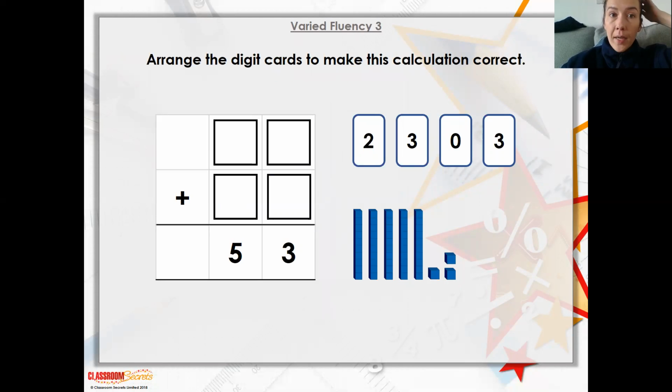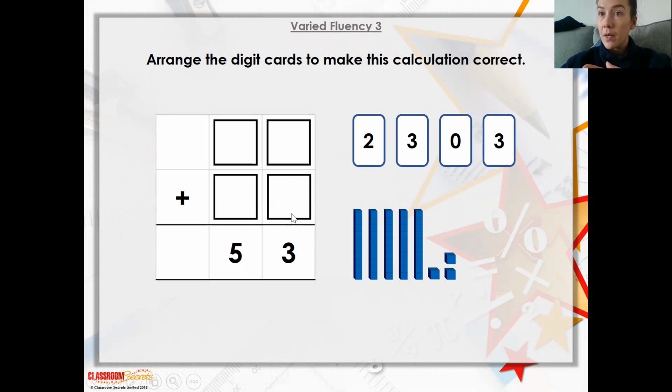Okay, arrange the digit cards to make this calculation correct. Right, interesting one. So basically you've got to work out which two numbers have been added, because that's the add symbol there, together to make 53. So the ones, it's going to be 0 add 3, because those are the only numbers you could have.